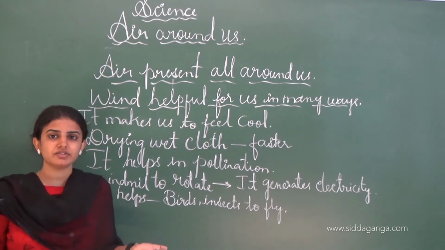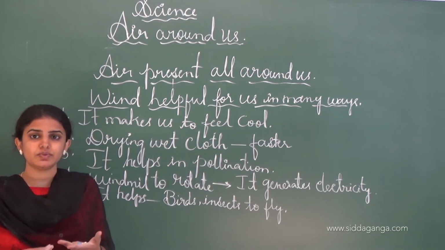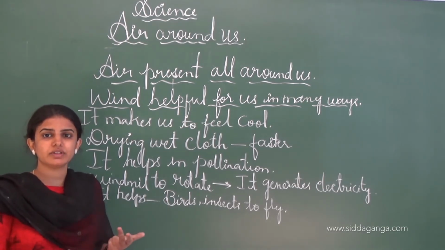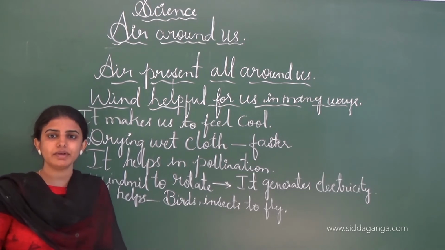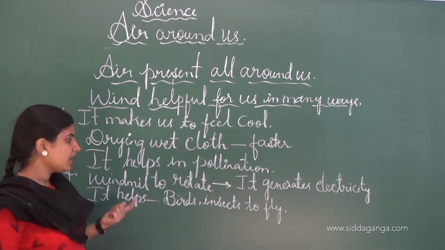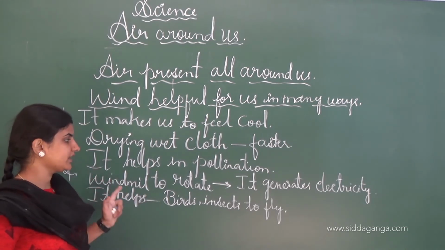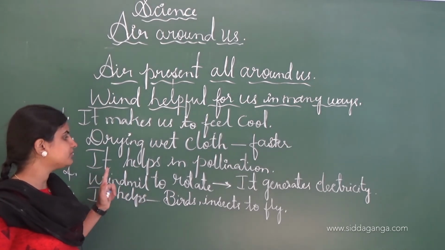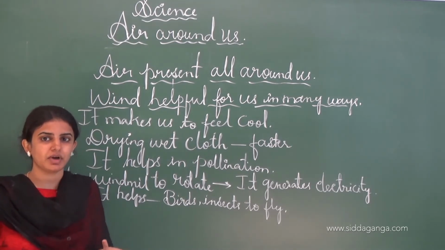There are different agents of pollination. Thereby the seeds move from one place to another, and germination of the seed takes place and different types of plants grow. Air is one of these agents, and so it helps in pollination, the transfer of pollen grain from the anther to the stigma.